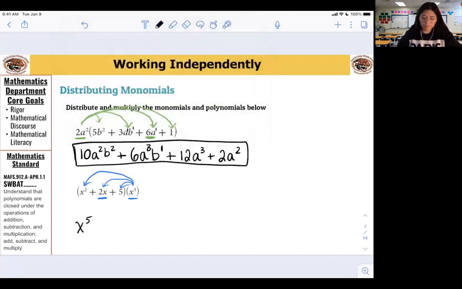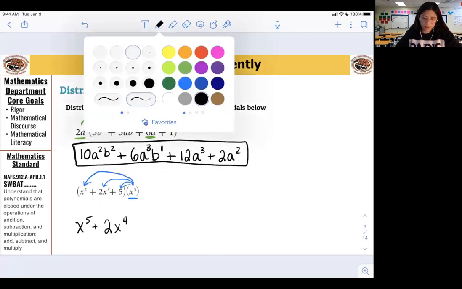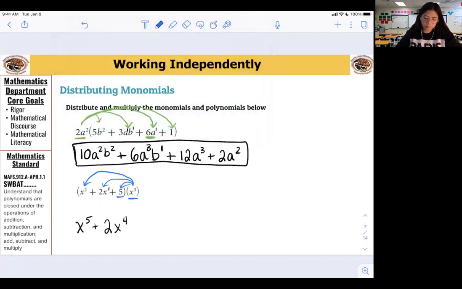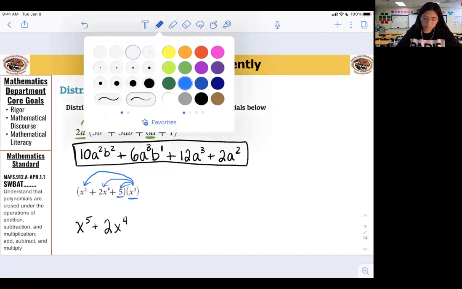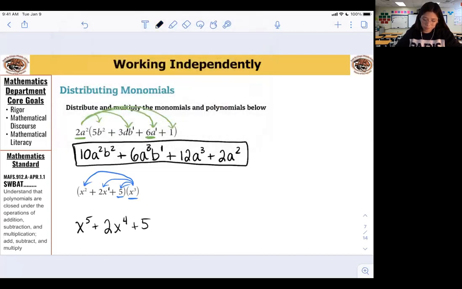To the power of 4. 2x to the power of 4. Good. And then finally, 5x to the power of 3. Are there any like terms? Nope. Can't combine any like terms, so we're done.